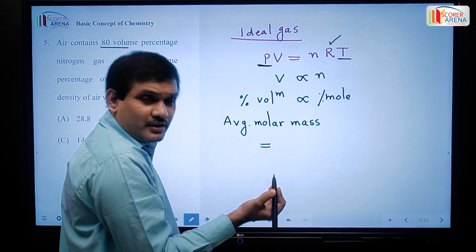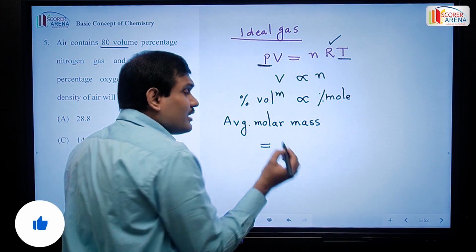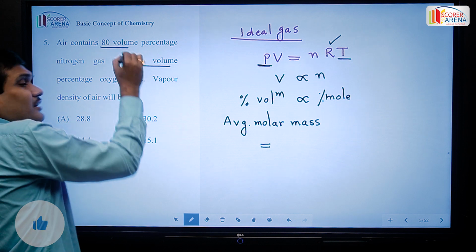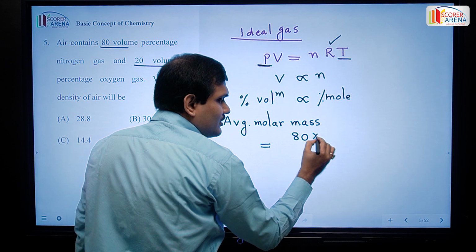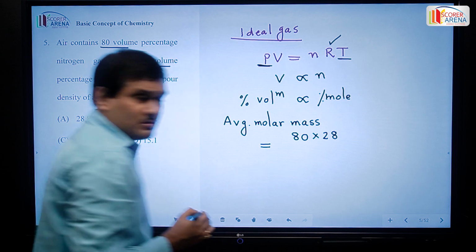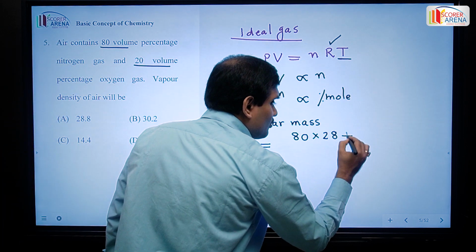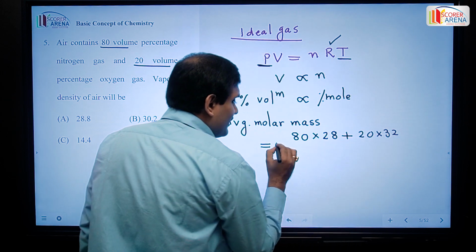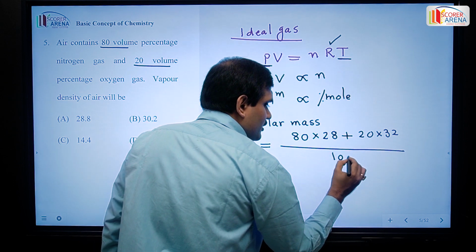So if we take 100 moles, then what will be its total mass? We have 80 moles nitrogen. So 80 moles nitrogen will have the mass 80 into 28. 1 mole nitrogen means 28 gram, 80 moles means 80 into 28, plus 20 moles oxygen means 20 into 32, divided by total number of moles 80 plus 20, it is 100.